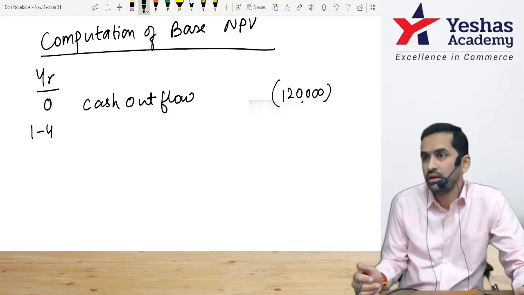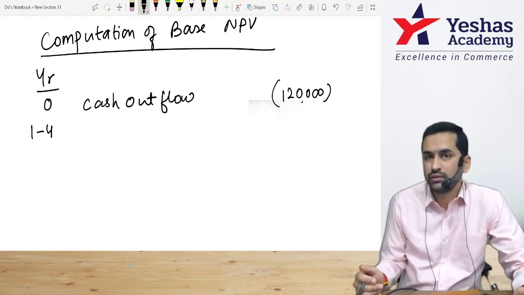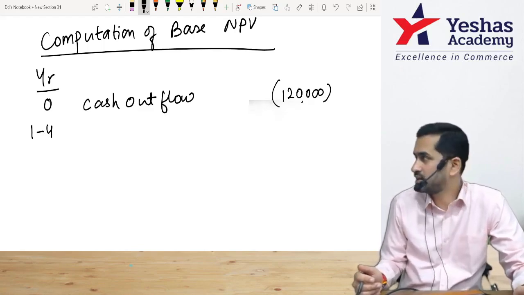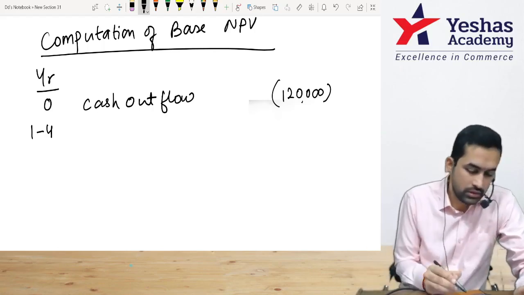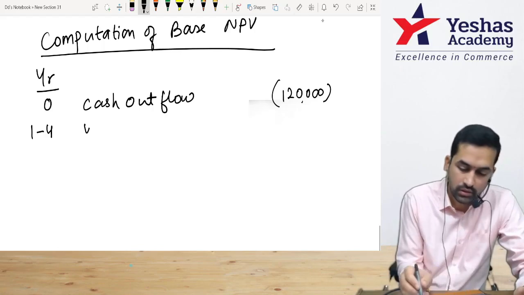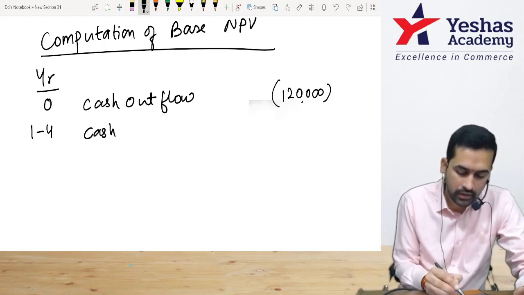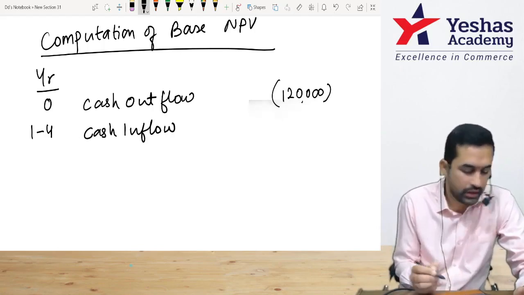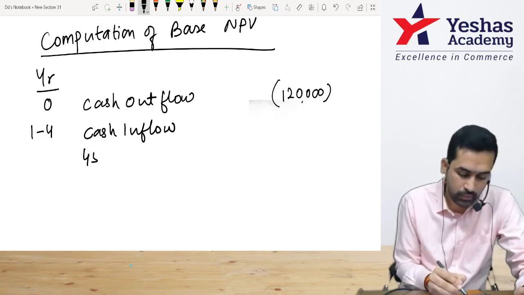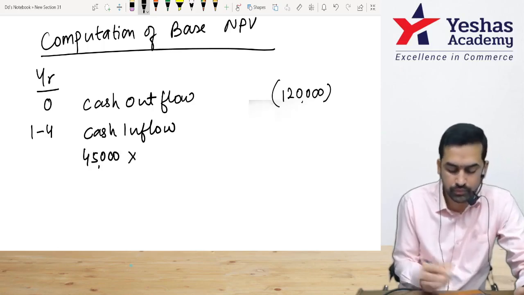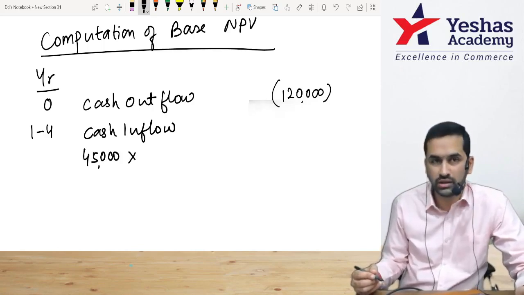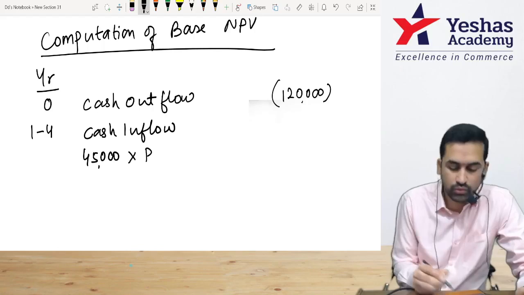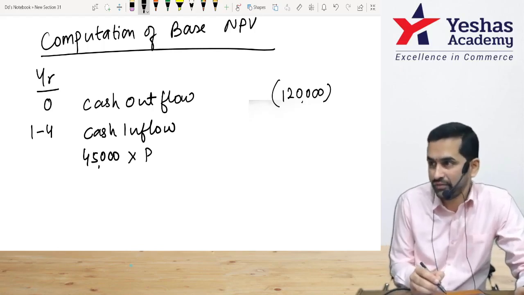It is a 4 year project, and my annual cash flows are the same, so I can write it as year 1 to 4. This is cash inflow 45,000. Since the annual number is constant, I will write what now? PVAF, correct?